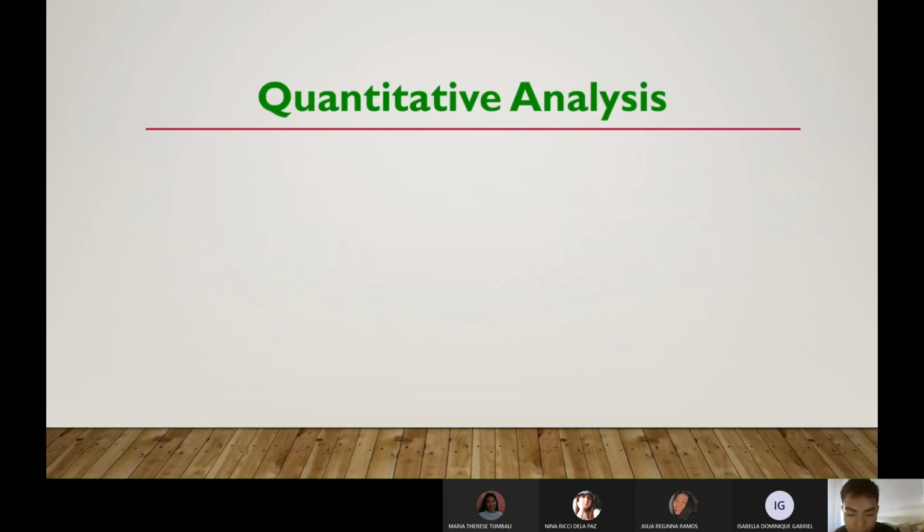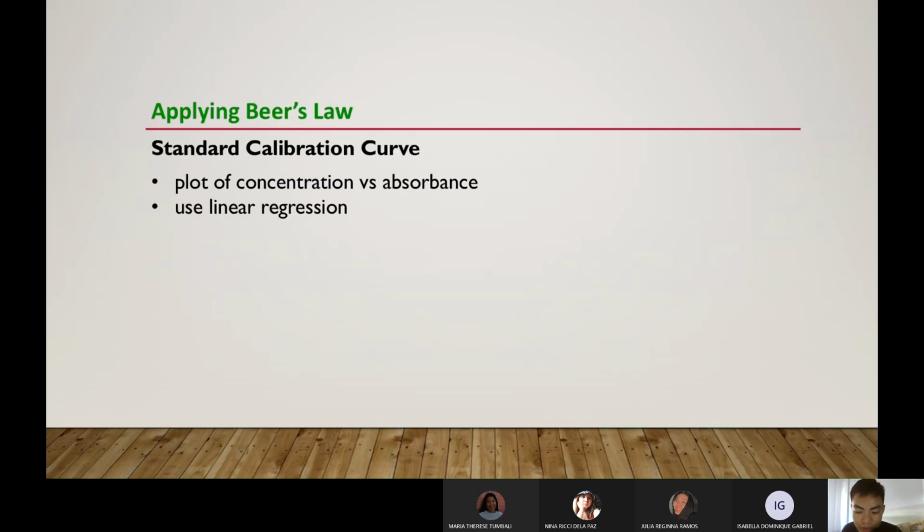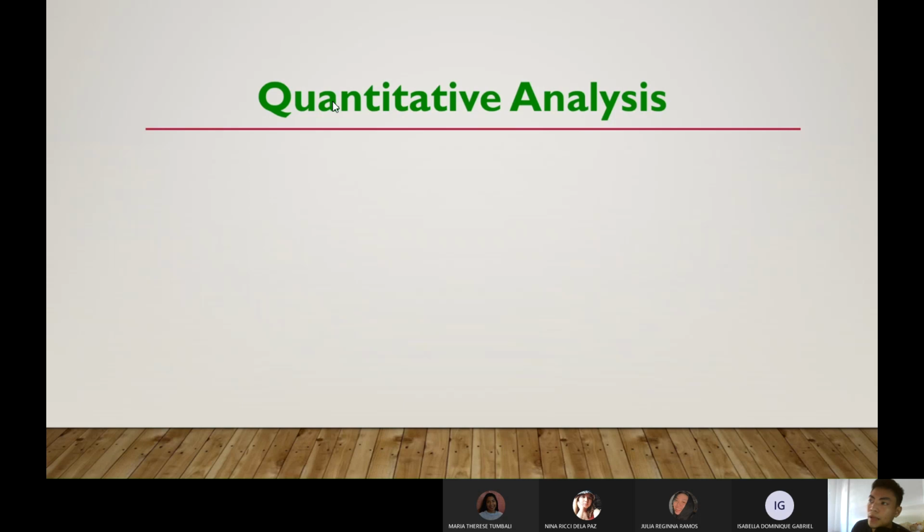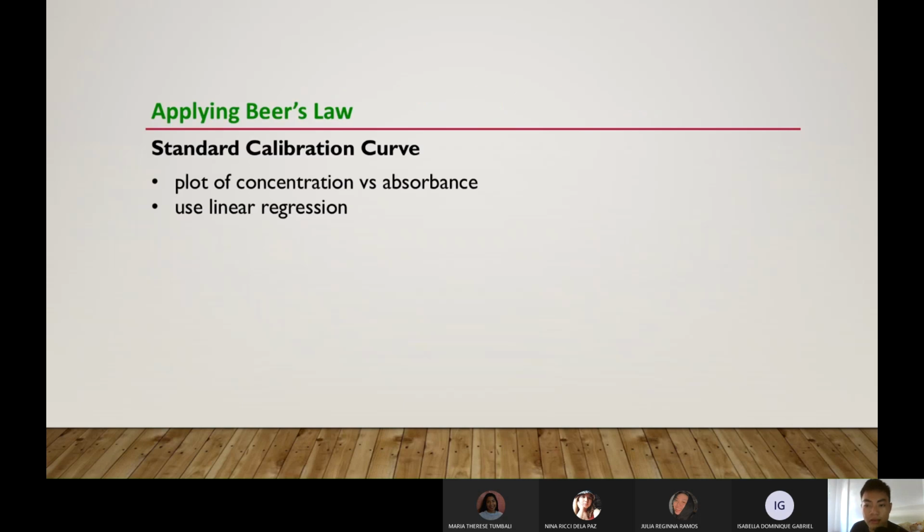So, anyway, punta na tayo sa medyo last part. Patapos na rin tayo. So let's apply the Beer's law in quantitative analysis now. Ito na-discuss natin to ng chapter 2, yung standard calibration curve, no?